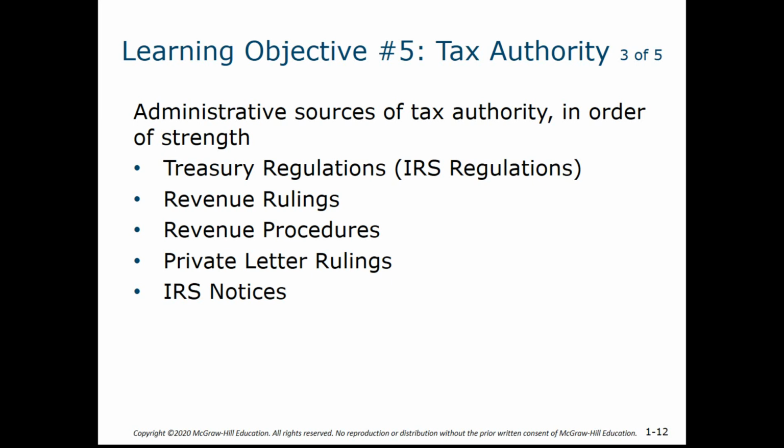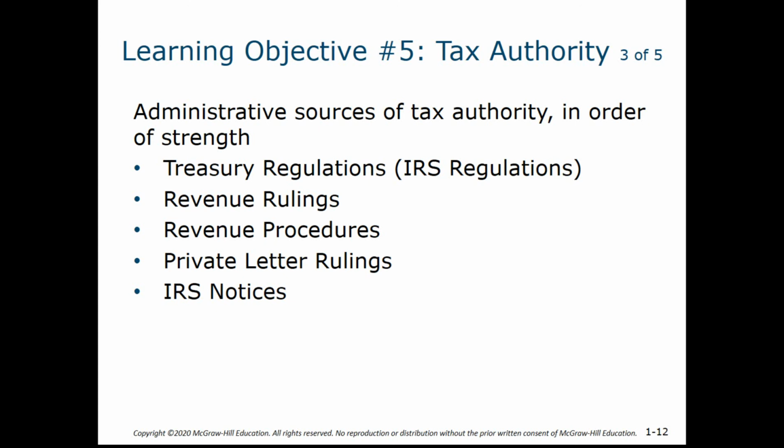Within the realm of administrative sources of tax authority, generally speaking, Treasury regulations are the most compelling and have the most strength. So in the event there's a conflict between, for example, a revenue ruling and a Treasury regulation that may apply to a certain taxpayer, the Treasury regulation would be the guidance we would use. So what we have listed before us on this slide is the various administrative sources.